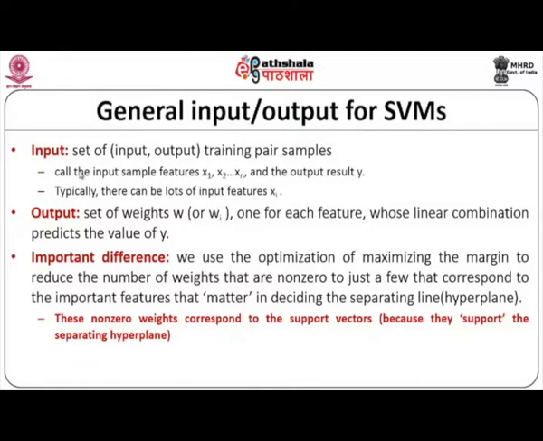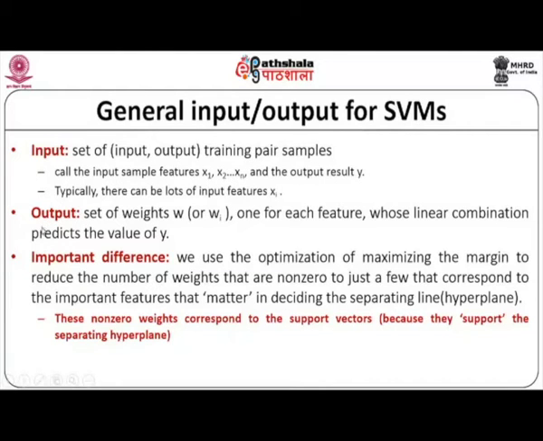Now with this input data, with the set of input features, we are going to identify a particular feature that may be important for providing a clear demarcation between class 1 type of input data and class 2 type of input data. So, provided the input, what will be the output?